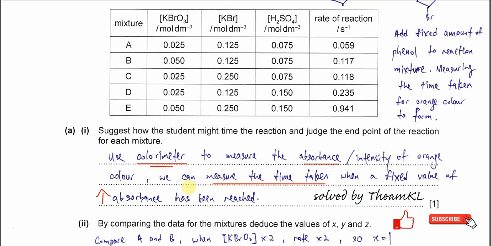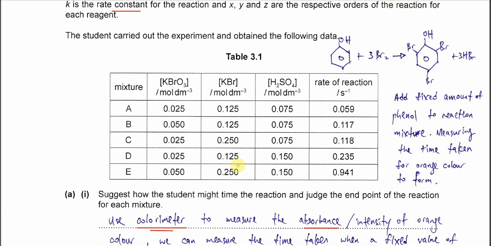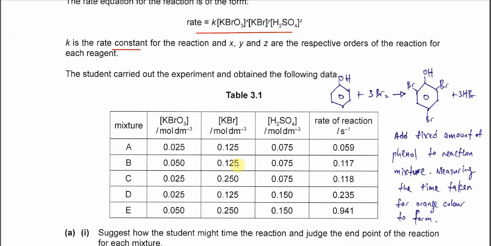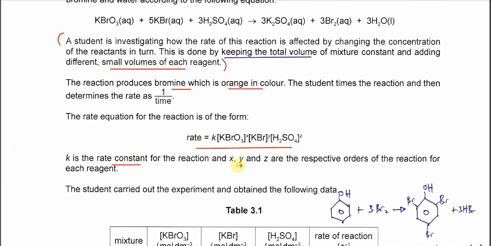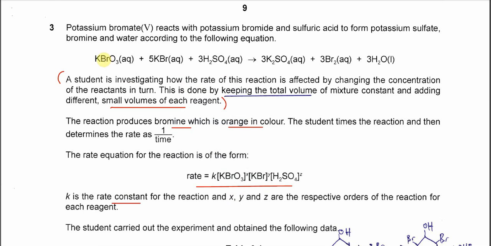This one does not use an instrument. You can use something that can delay the formation of bromine. Okay, so let's move back to this reaction. Because for these reactions, we know that when all these reactants react, they will form bromine, and of course these two.